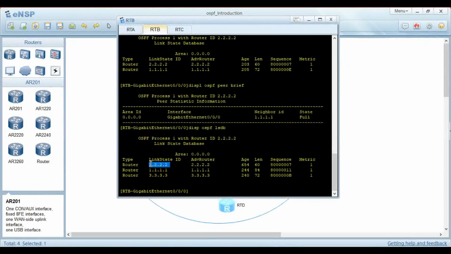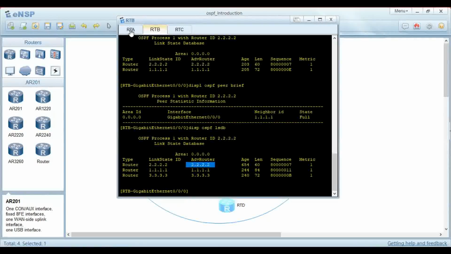We have router B, this router itself, and then router A is 1.1, and router C. And if you look at the age, router B is the one that has been there the longest, followed by router A's LSA, and router C is our latest addition. It has the least time in the LSDB. So it has three of them: router C, router A, and router B.